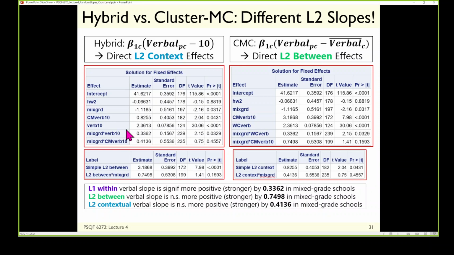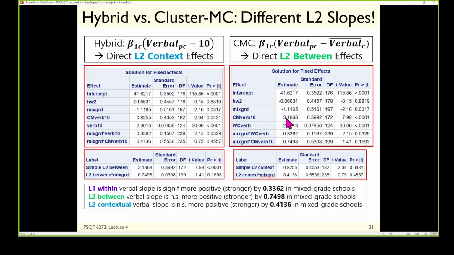Let's go to the next one here, CM verbal 10. Same or different? Way different. Question is why? Because it's the between, and it's got the contextual from the left and the within from the left combined into one.